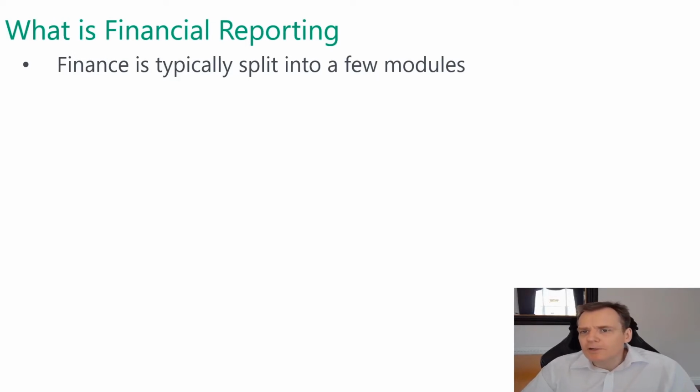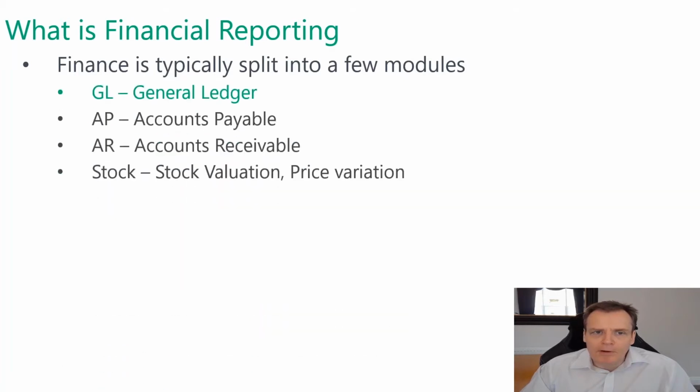So starting off, what is financial reporting? Well, typically, when we implement finance within an ERP, for example, we'd split it into a number of modules. You've got your GL module, or your general ledger, which for me is the heart of finance. That's where your profit and loss, balance sheet, cash flow, and most of your core financial reports are going to come from.